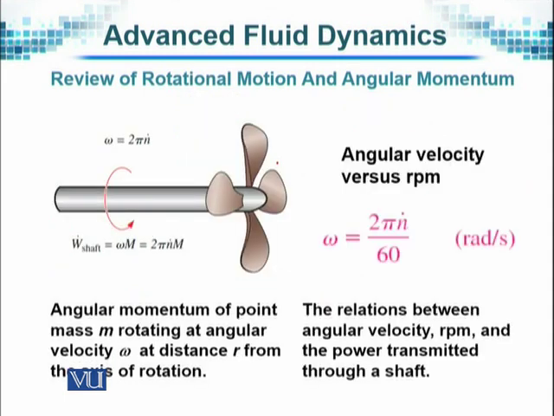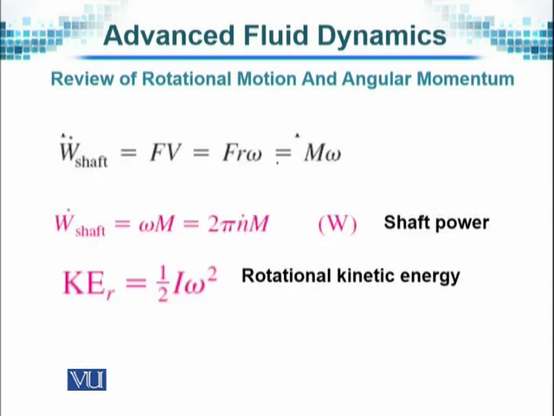And the same thing, angular velocity versus RPM, that is rotations per minute. Essentially, the angular velocity that is covered is related to linear velocity. These are standard terminology that we consider from time to time.